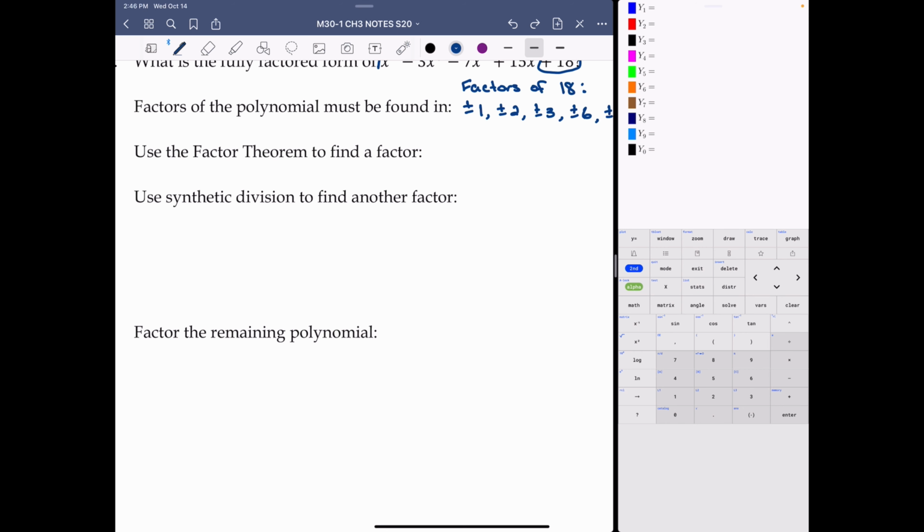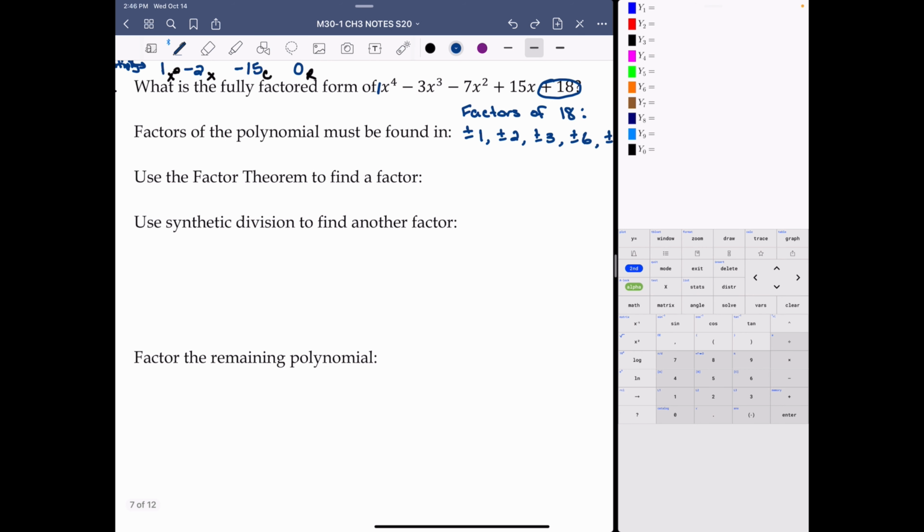We have x to the power of 4, move out of the exponent. Then we have minus 3x to the power of 3, move out of the exponent, minus 7x squared plus 15x plus 18.